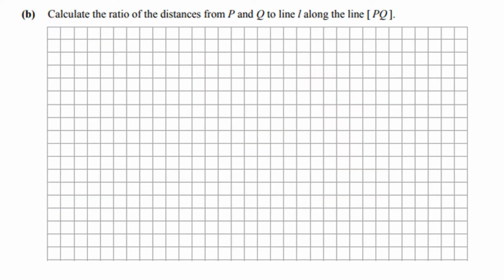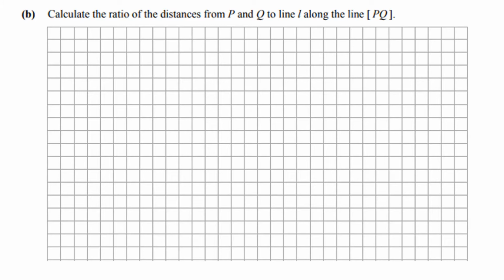So then it said calculate the ratio of the distances from P to Q along the line L. Calculate the ratio of the distance from P to Q to the line L along the line PQ. So this time we have a diagonal line that's going from Q to P. So we want to find the distance from Q to the line and from P to that line.